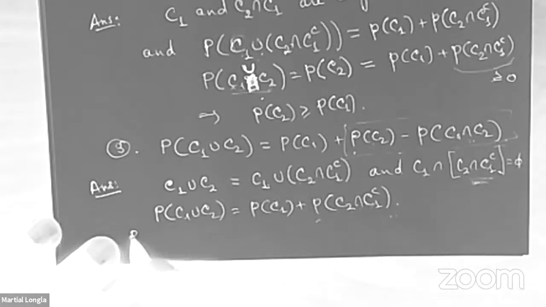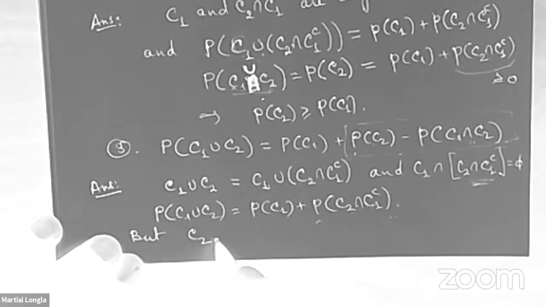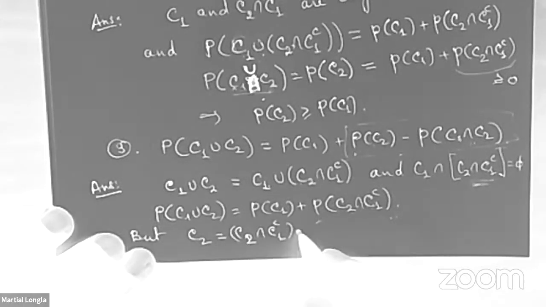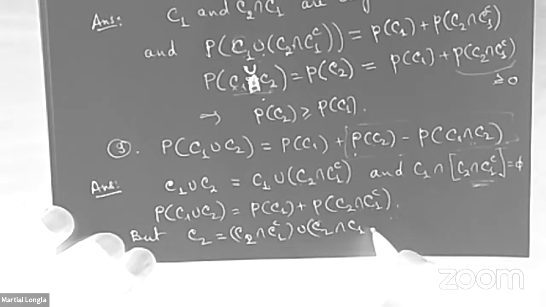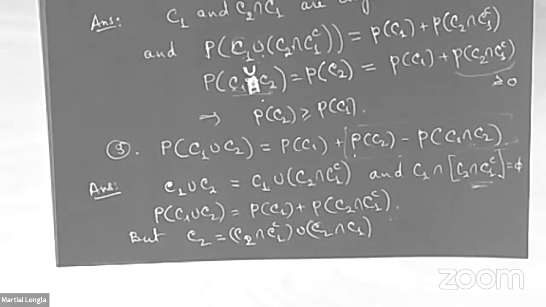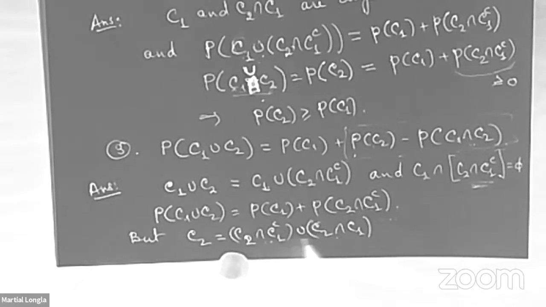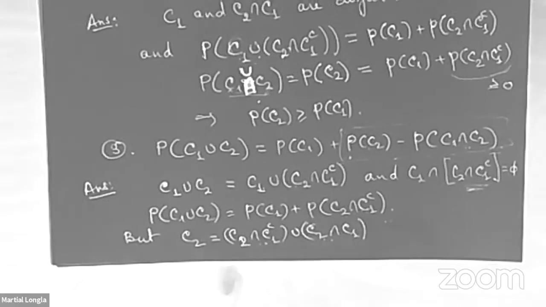And we say C2 is nothing but C2 intersection with C1 complement, union C2 intersection with C1. If I take all the elements of C2 that are not in C1 and I take the elements of C2 that are in C1, then I have all the elements of C2. And as said earlier, these two sets are disjoint.